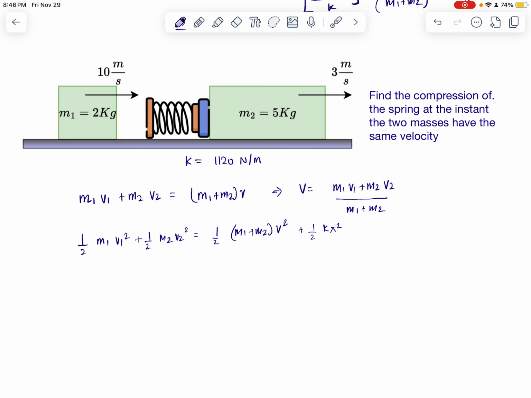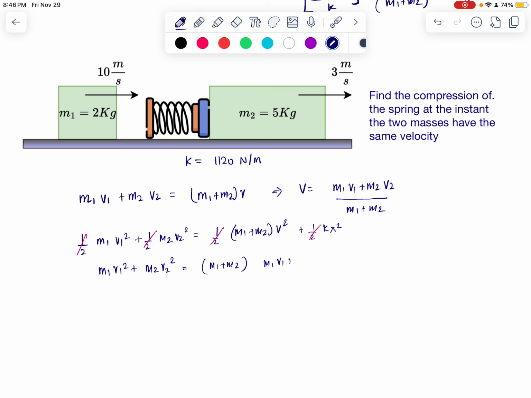What we can do very easily is let the halves cancel out. We write m1 v1 square plus m2 v2 square equals m1 plus m2 times m1 v1 plus m2 v2 square divided by m1 plus m2 square, plus k x square.